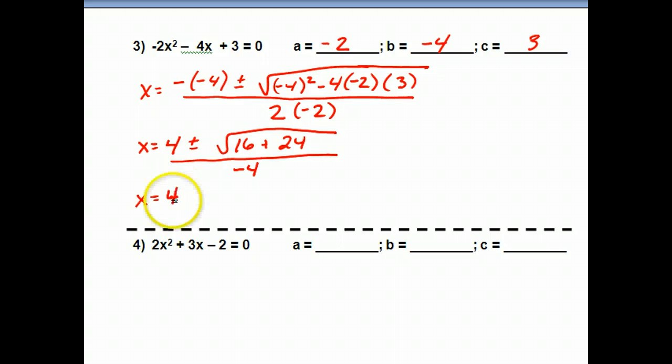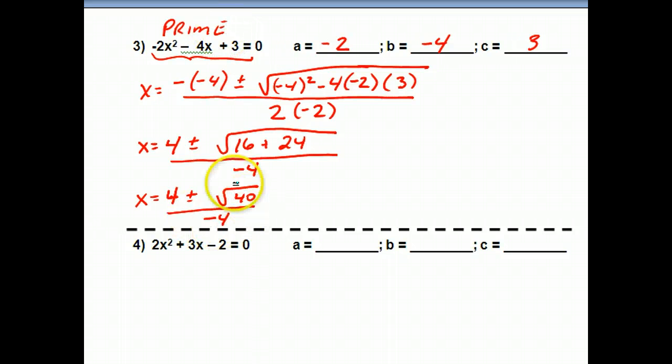So here I've got 4 plus or minus the square root of 40. The square root of 40 isn't a perfect square. This is the value of the quadratic formula, because if you tried to factor this one out, it would give us a prime. It's something that we can't factor out with whole numbers.